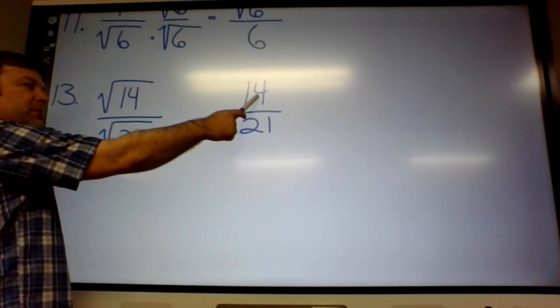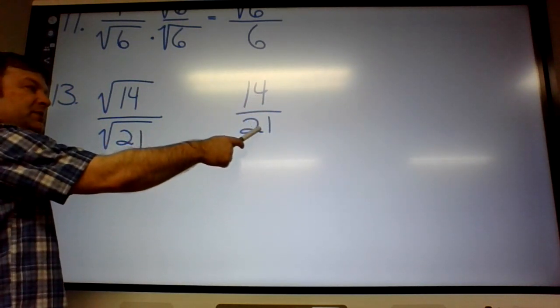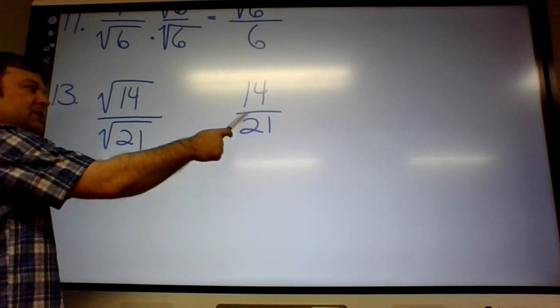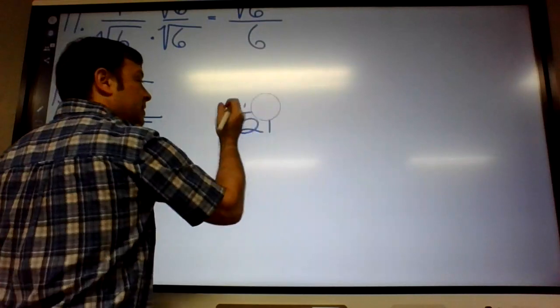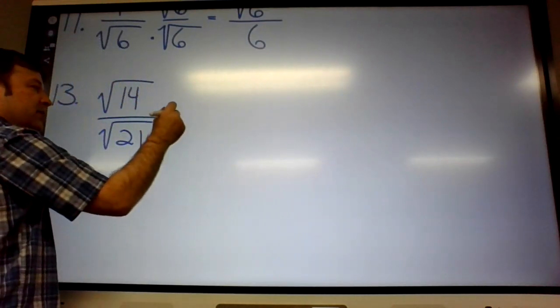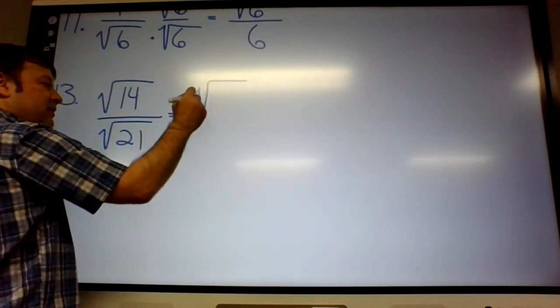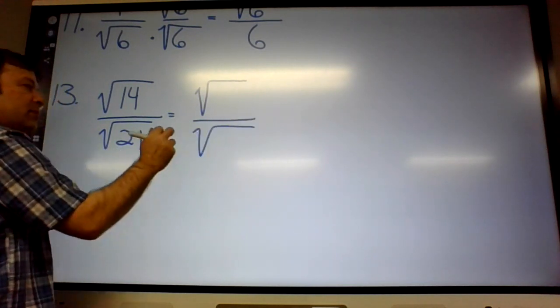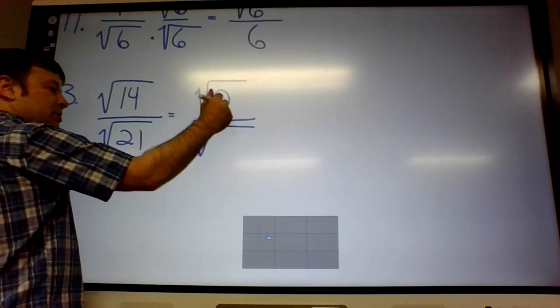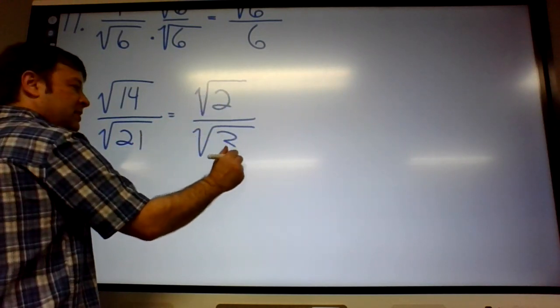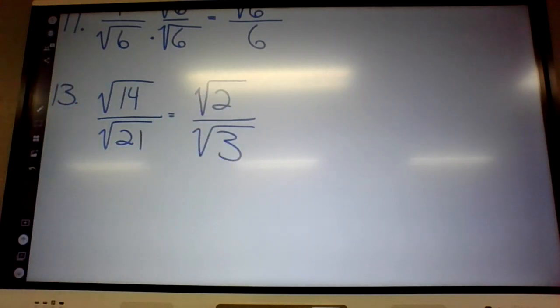You could reduce it because these are both divisible by 7. So same thing with square roots. You can divide them both by square root of 7. When you divide by square root of 7, they're still square roots. So this would be square root of 2, and this divided by square root of 7 is square root of 3.